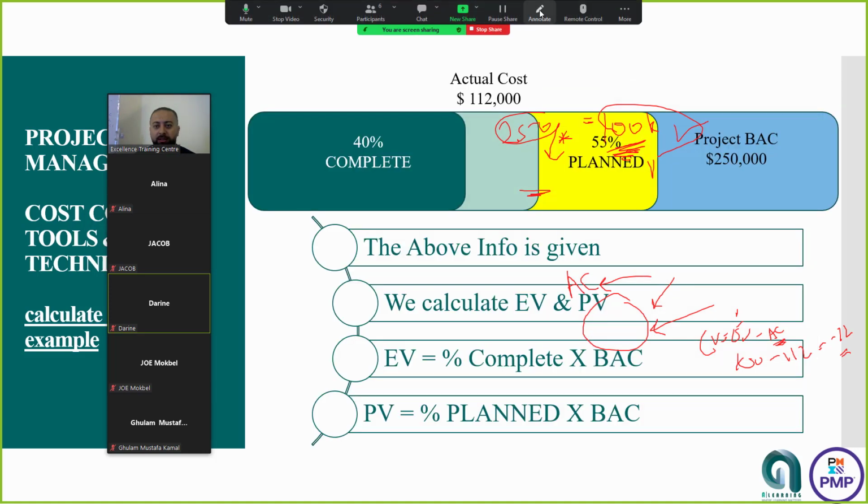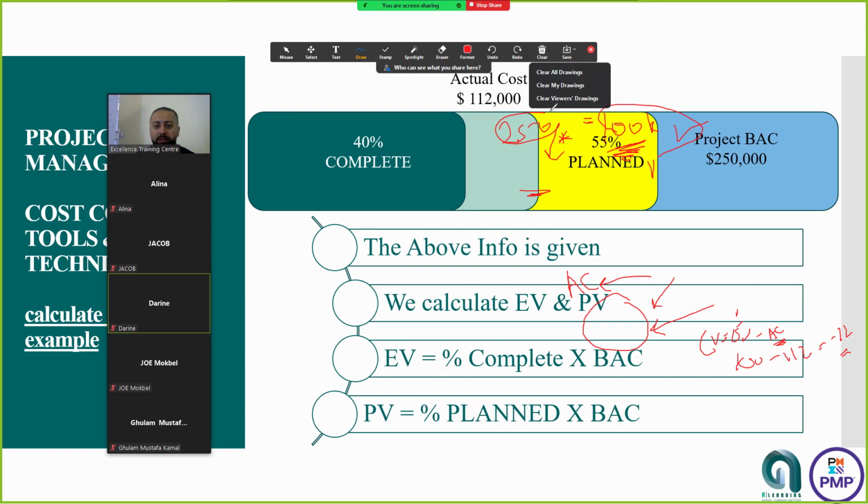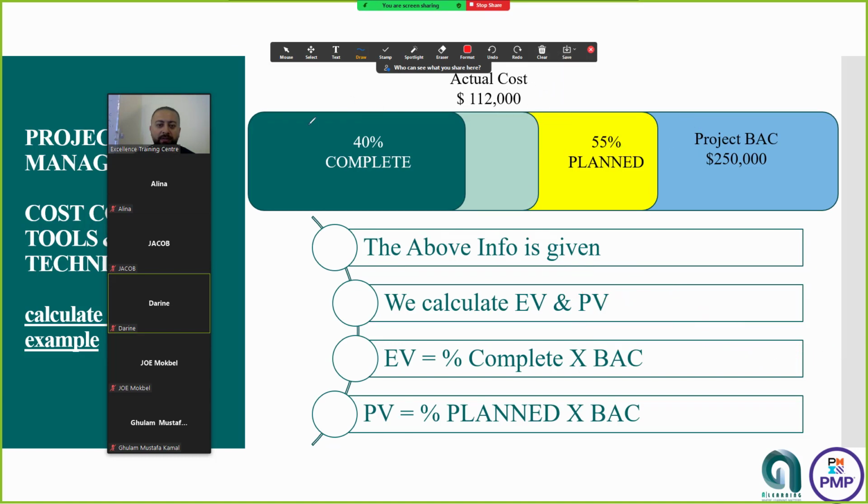I will have this graph. I will remove this. So we have this graph. We have completed 40%. It is given. And we have 112K spent, which is given. We have a planned 55%, which is given. We have the BAC, which is already given from the question, correct? So all of the information is given. We need to calculate the EV, which is already calculated on the cost, and we need to know the PV.